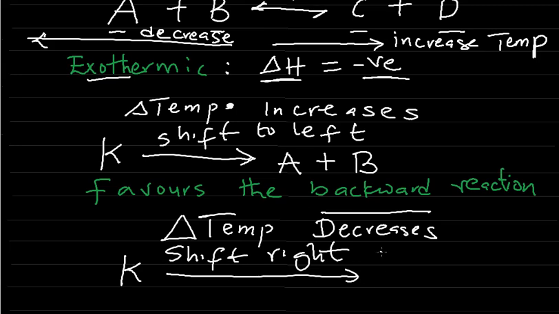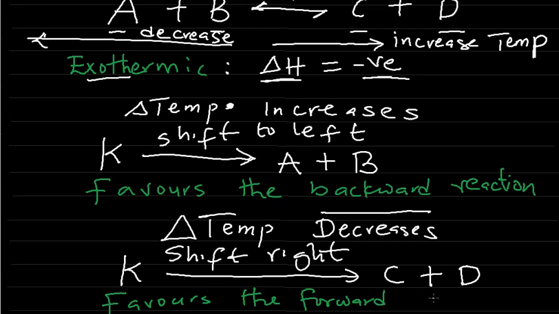So the equilibrium will shift in the direction that favors the forward reaction, that is C plus D. The product will be favored. I hope that is well understood.